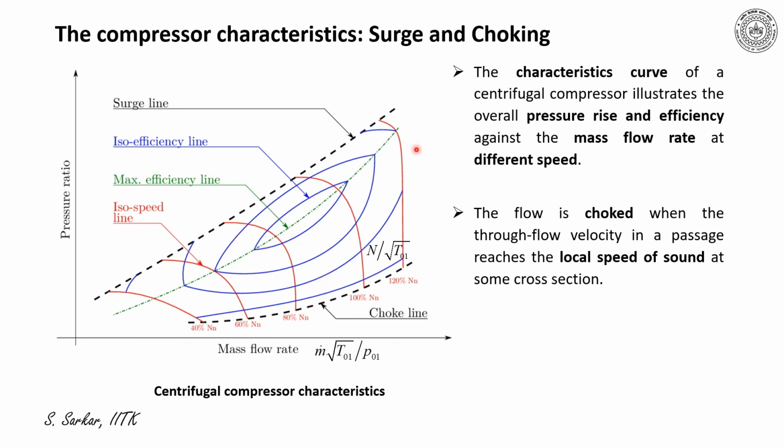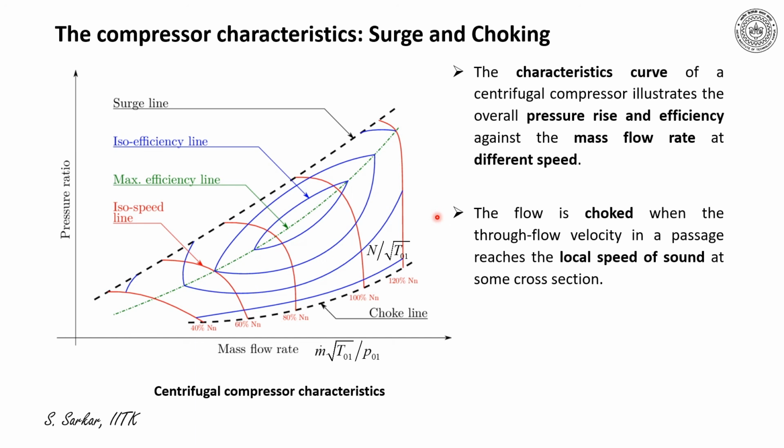With respect to the choking flow, let me illustrate here. The flow is choked when the through flow velocity in the passage reaches the local speed of sound at some cross section.